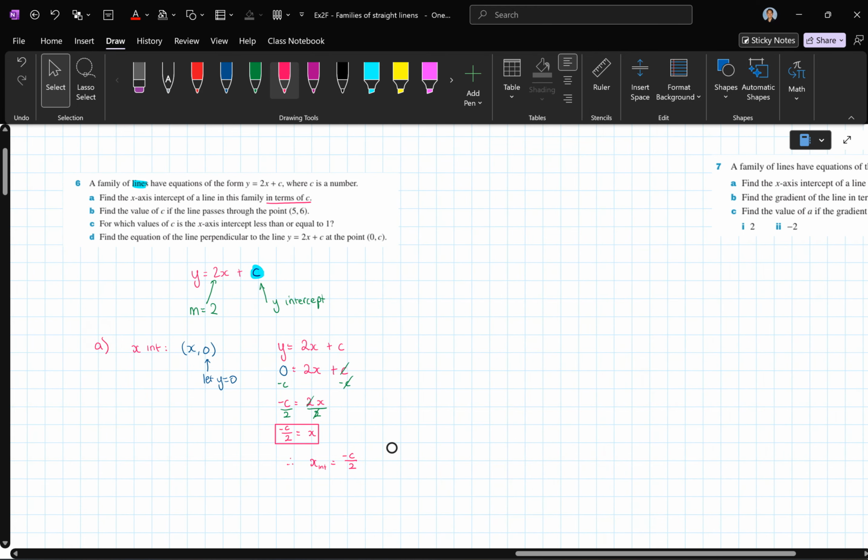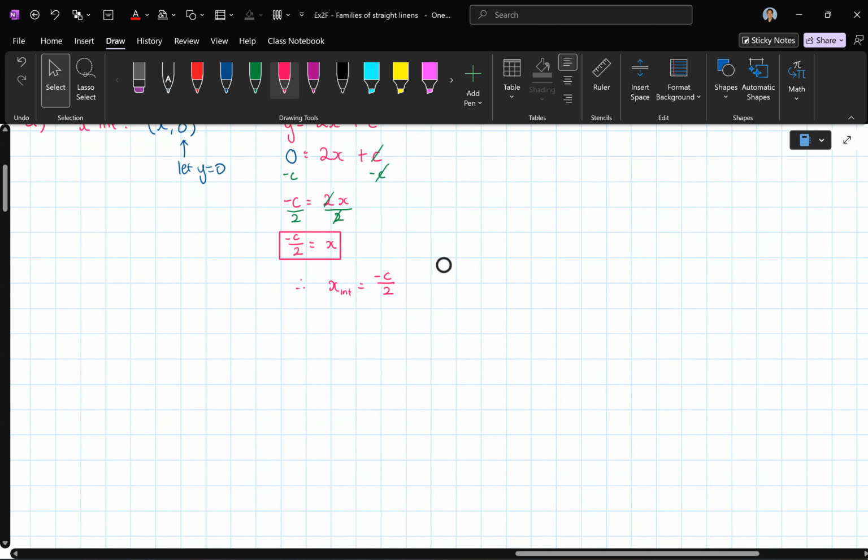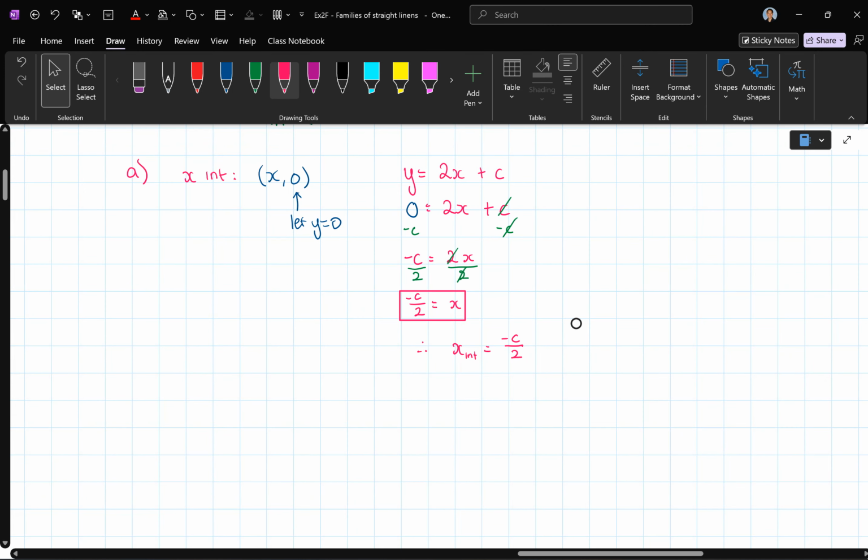Part B says find the value of c if the line passes through the point (5, 6). The equation of the line is y equals 2x plus c.